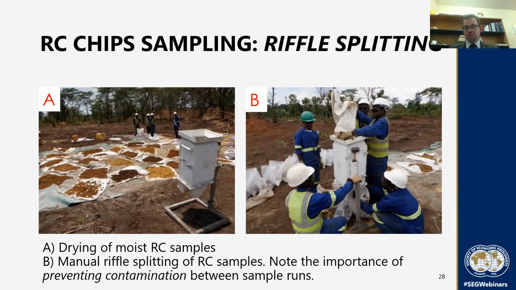Importantly, if you use such a manual splitting technique, be aware that you have to clean that riffle splitter after each and every sample to avoid cross-contamination. That can be done either by washing it out, but that means you have to wait until the device is dry again, or you just use an air pressure hose to quickly cleanse it out.